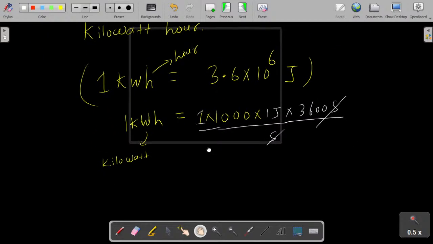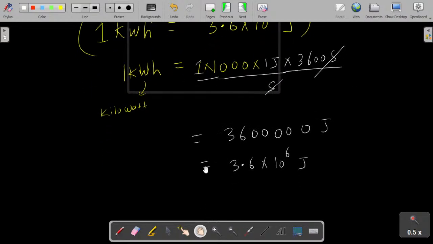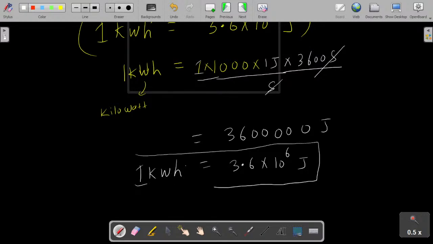How much do you get? 3600000, so we can write 3.6 into 10 to the power 6 joule. In 1 kilowatt hour it has that many joules. Write down: 1 kilowatt hour has 3.6 into 10 to the power 6 joule. A 1-mark question will come.